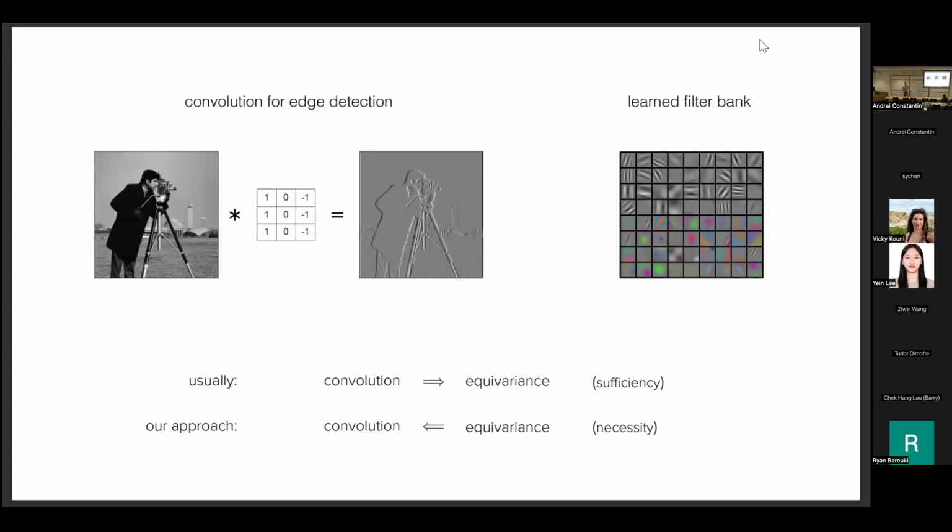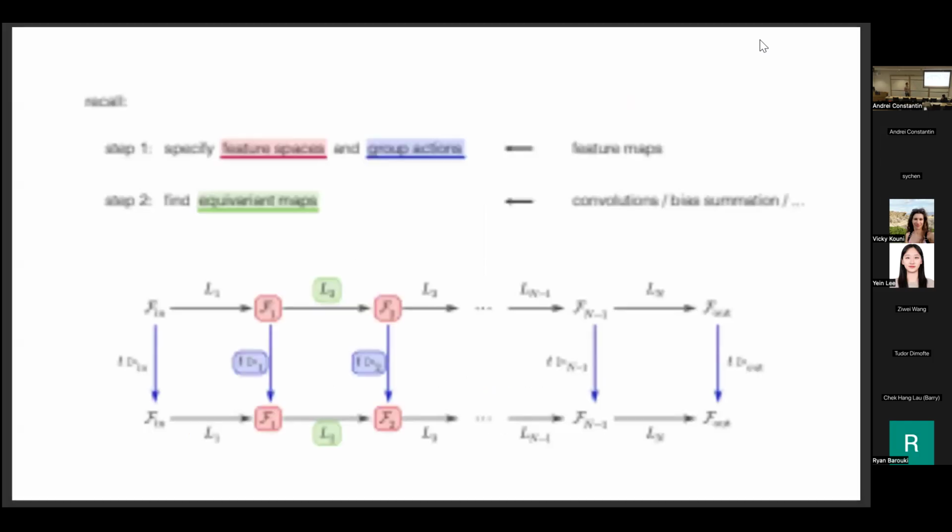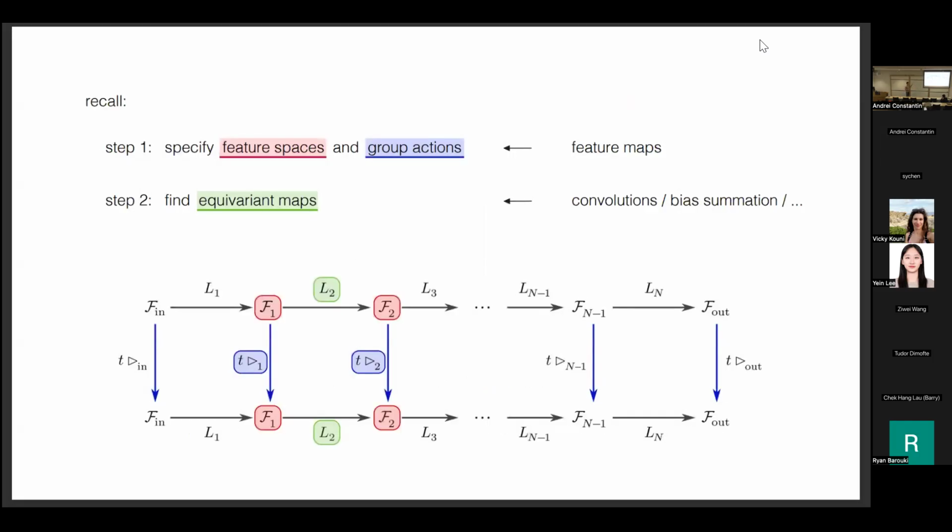So convolutions can be derived from symmetries. To get there, recall that we have these two steps. First, we need to specify the feature spaces and group actions on them. For convolutional networks, these are just spaces of feature maps. The second step is to find equivariant maps, which would be convolutions or bi-summations or certain nonlinearities.